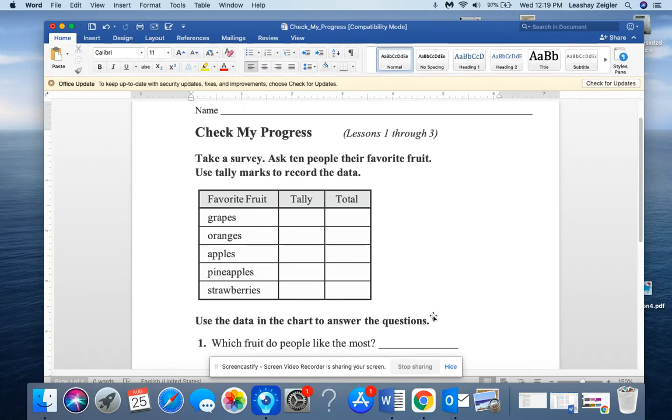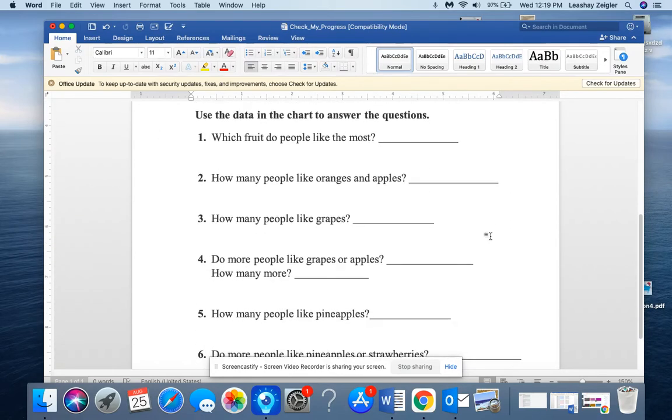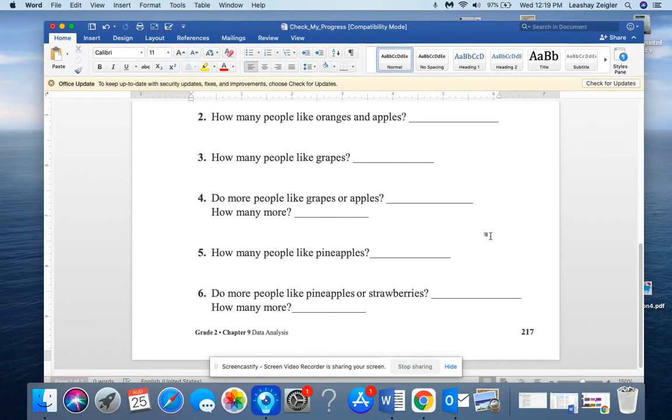It looks like this. I want you to go ahead and complete this and turn it in to me, please. You can do it in your book and then take a picture of it and send it to me so that we have this completed. I will be grading this, so please make sure you do your best work.